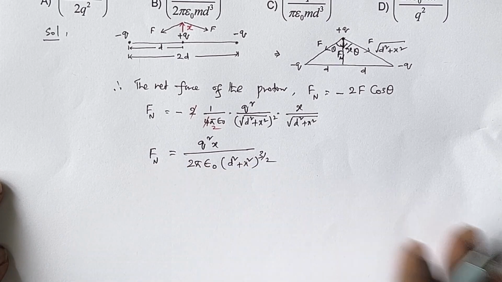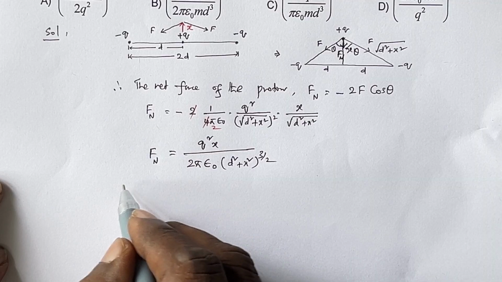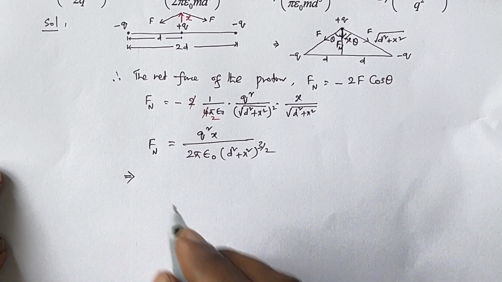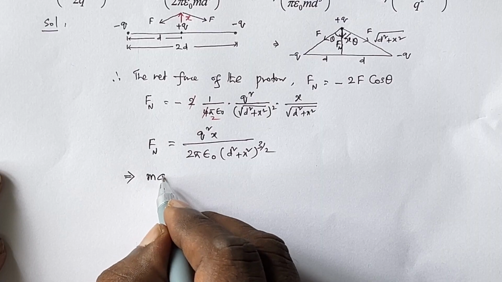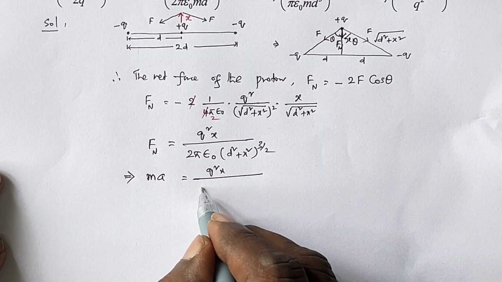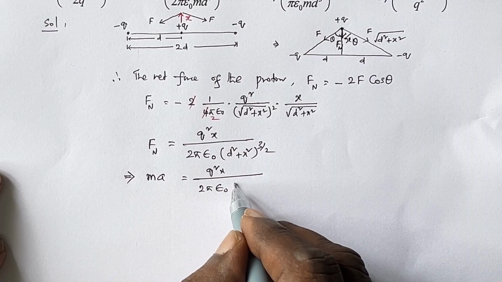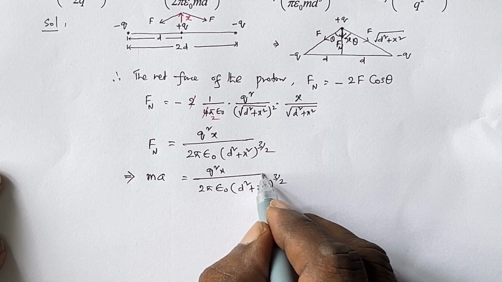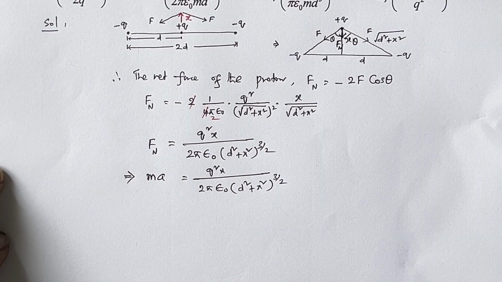So I will write like this: in the place of Fn, I will write m into A is equal to q square x by 2 pi epsilon naught, (d square plus x square) whole power 3 by 2.